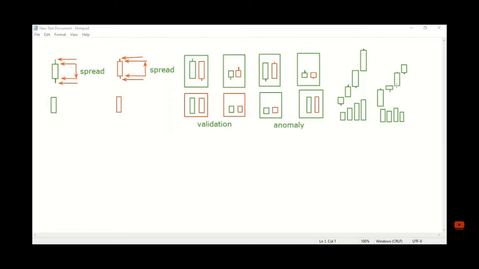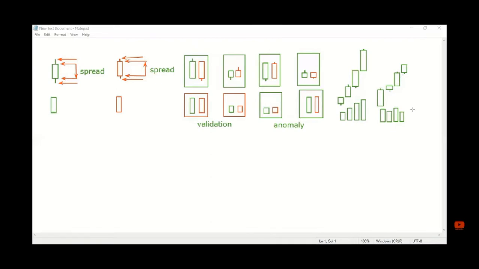So there is nothing wrong here, everything is okay. Again the market creates this candlestick, which is weaker than this one, so volume is again low here, so it's also okay. This is also called a validation.